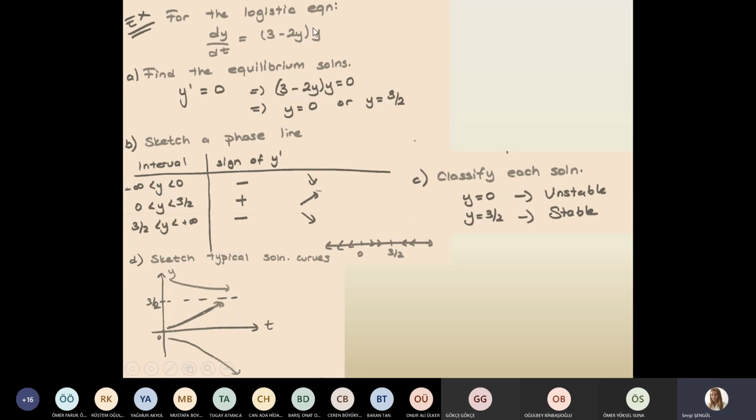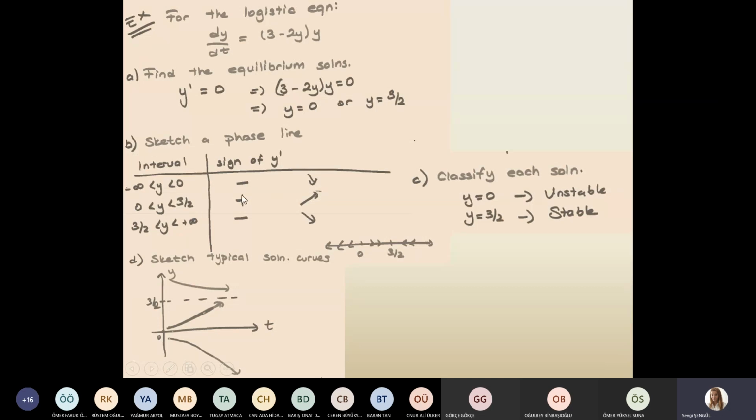If y is negative 1, this will be negative and this will be positive. Positive plus negative will be negative. I just plugged in one value from this interval into the right hand side and checked the sign. I chose negative 1, so this is positive 1, this will be 3 plus 2, 5, so negative 5, it will be negative. And if it is negative, that means it is decreasing.